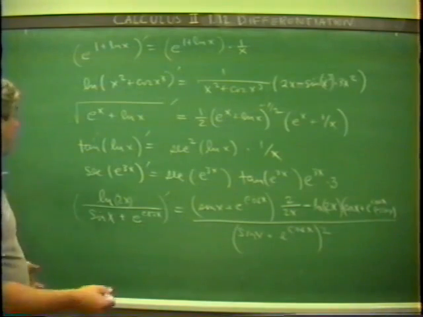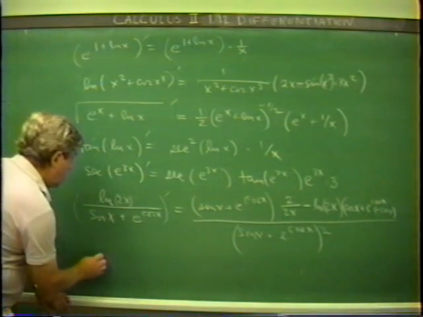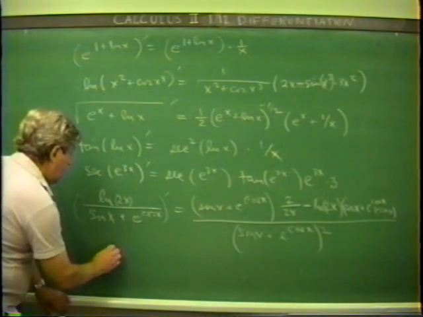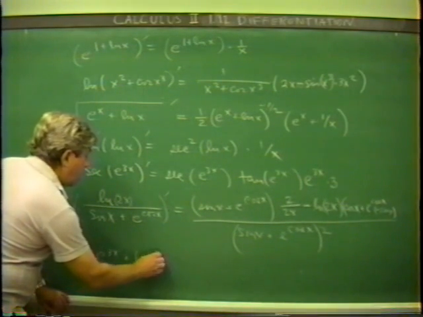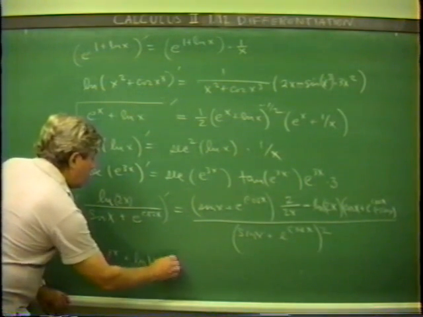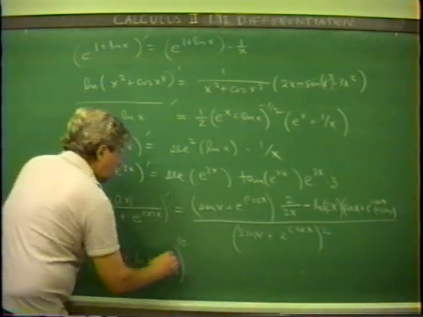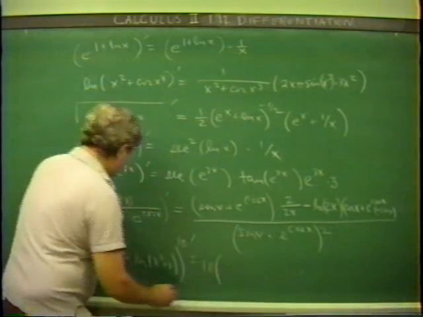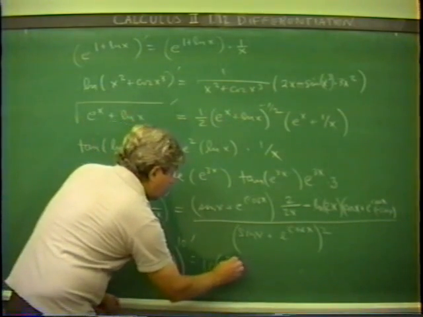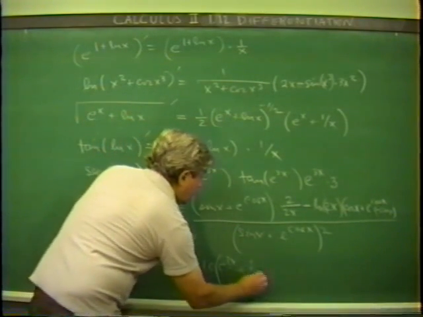Okay, so any algebraic combinations that you want here of these new functions with old ones, you can find a derivative of. Let's do one more. Let's say (e to the 3x plus log absolute x squared plus 1) to the 10th power.